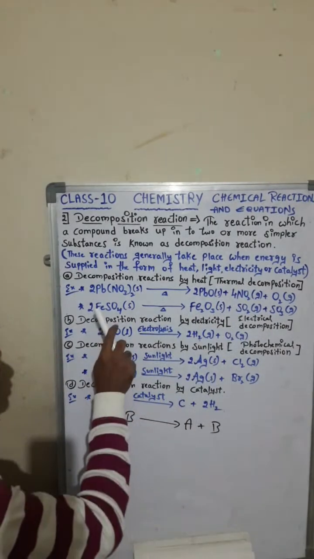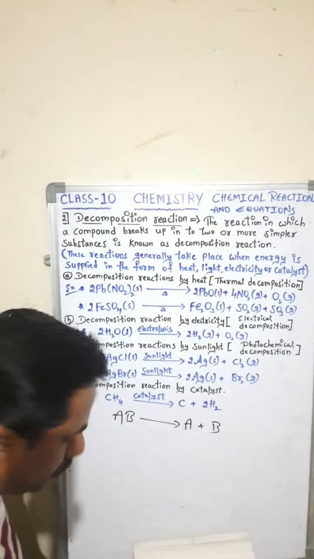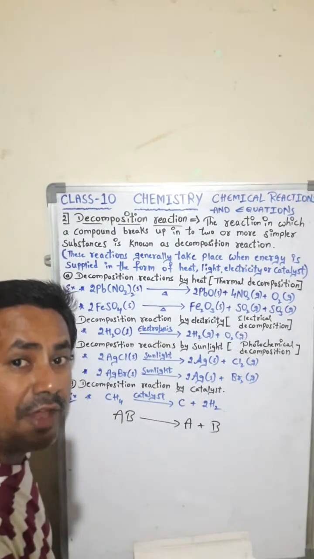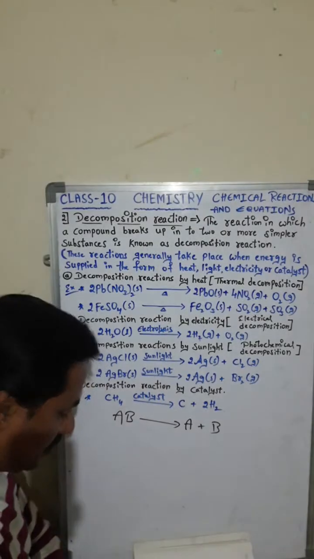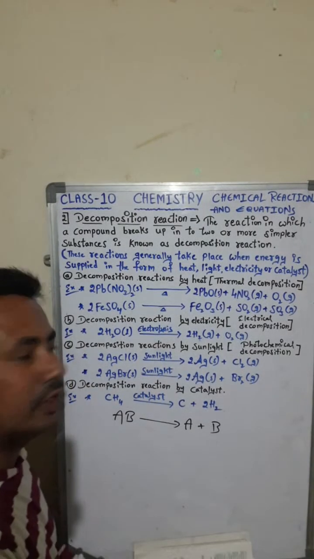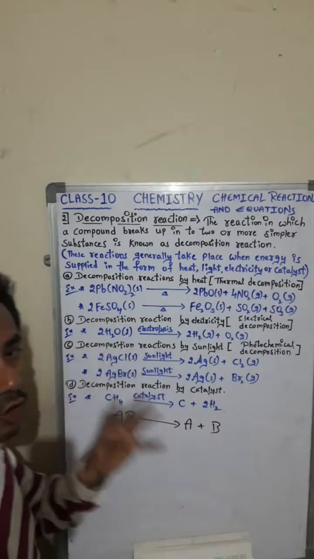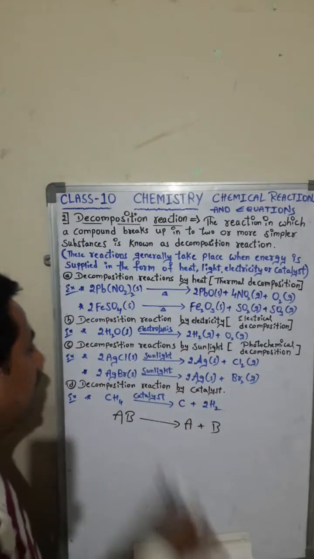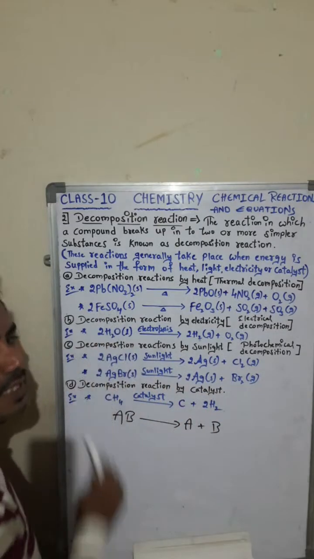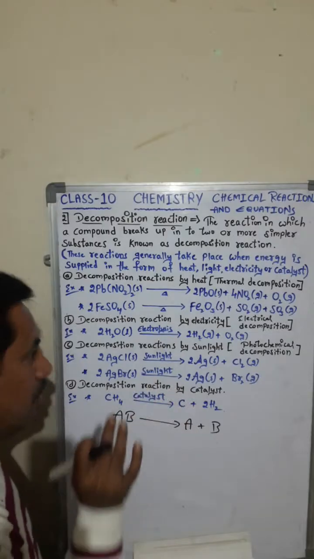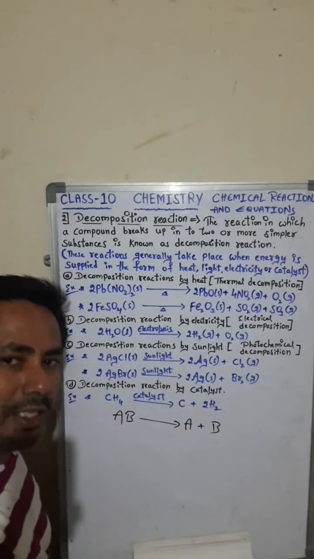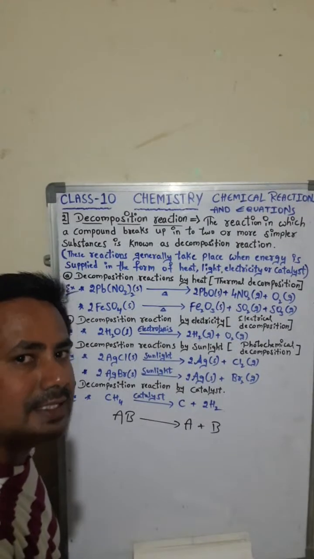Second one, FeSO4. What do you mean by FeSO4? Ferrous sulfate. Iron, sulfur and oxygen are combined in a specific ratio, so that is called ferrous sulfate.